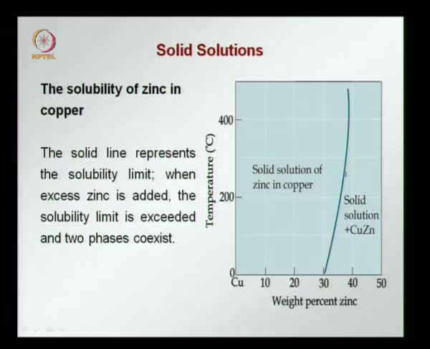So, this defines the solubility of zinc in copper. The solid line represents the solubility limit, and when excess zinc is added, the solubility limit is exceeded, and now two phases coexist. To the left we have only one phase, to the right we have two phases, one the solid solution and the other the copper zinc compound.